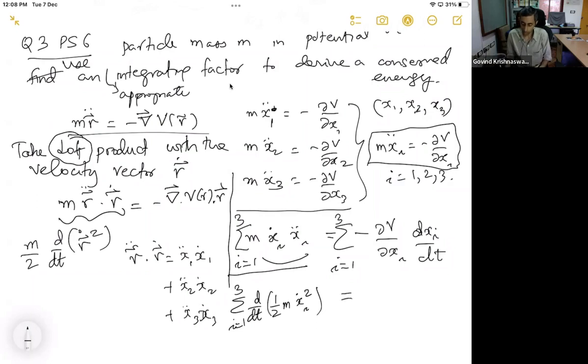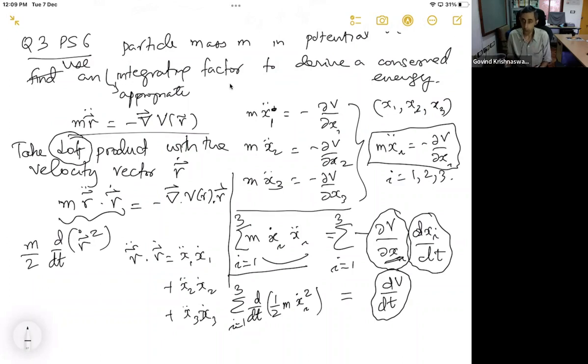On the other hand, the right hand side can be regarded as d by dt of V. Because if you take the derivative with respect to time of V, you have to use the chain rule in three variable calculus, and that involves partial differentiation times the derivative of x with respect to time, but you have to do it for each of the three variables that V depends on, namely x1, x2, and x3.